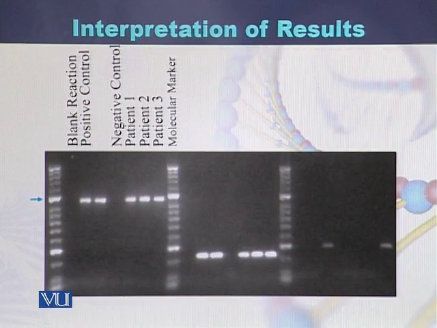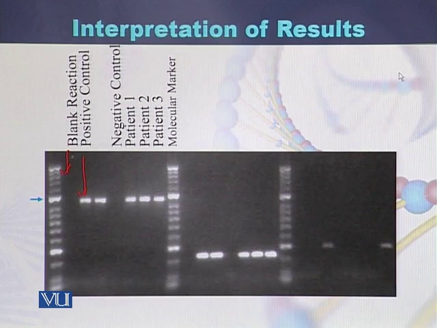Here is the diagram. We will try to understand the result of a PCR reaction. This is the blank reaction. Here we can see that nothing has been amplified, so here it is empty. The next lane is for the positive control.